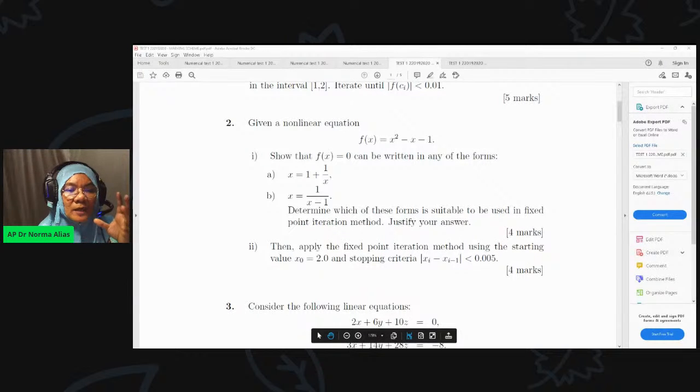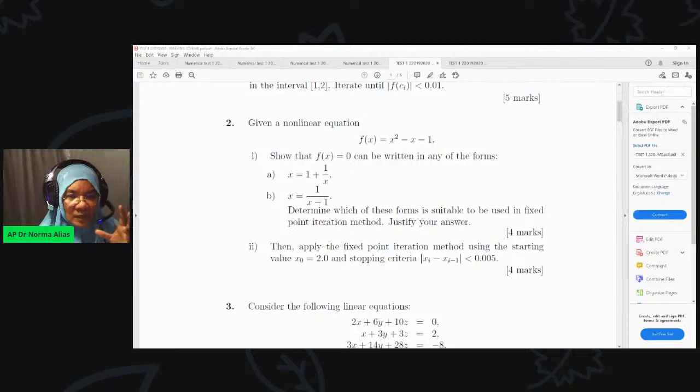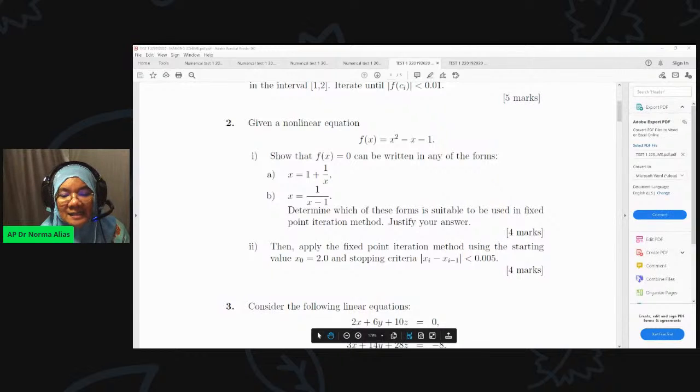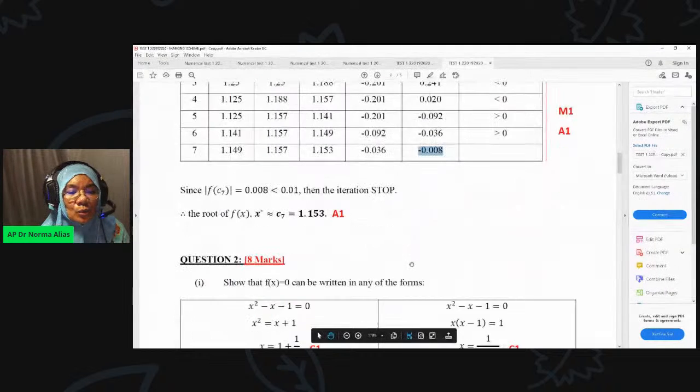Whether g is 1 plus 1 over x or g is 1 divided by x minus 1, which one converges? Converge means that you need to do the first derivative of g, and when we put x equal to 2, the value must be between -1 and 1. So let's check which is the answer related to g.